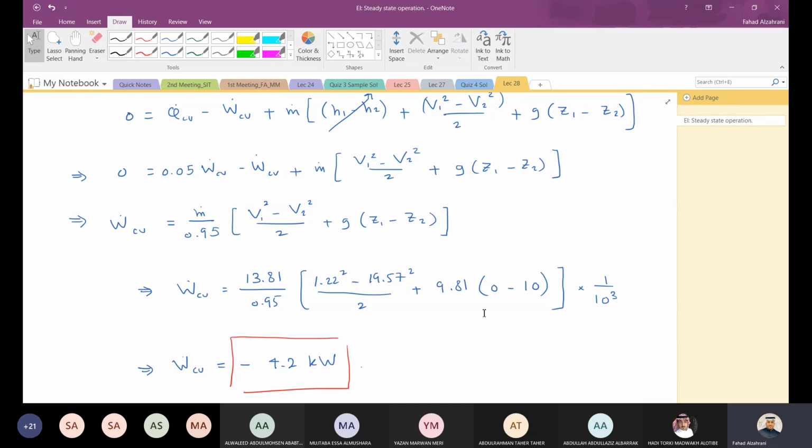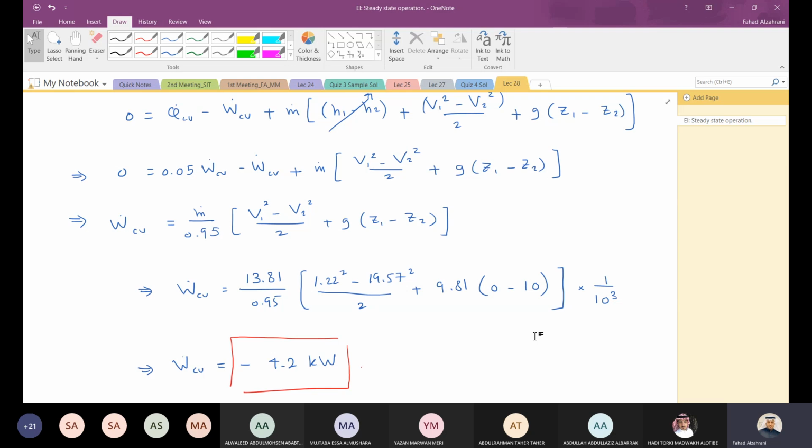Did I make it clear? Yes, clear. It's just following conventions, the sign convention we call it. Like the idea of Q: into the system is plus, out of the system is negative, work done on the system is negative, work done by the system is positive. This is the same thing.